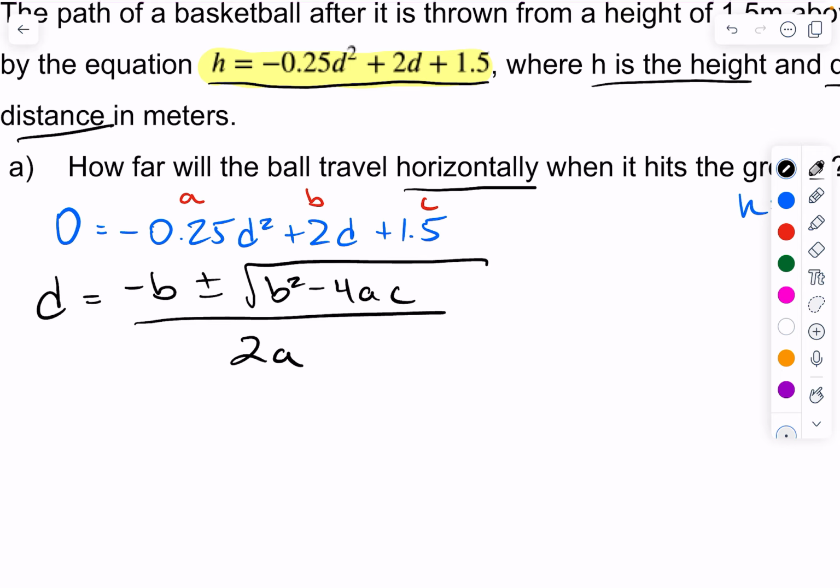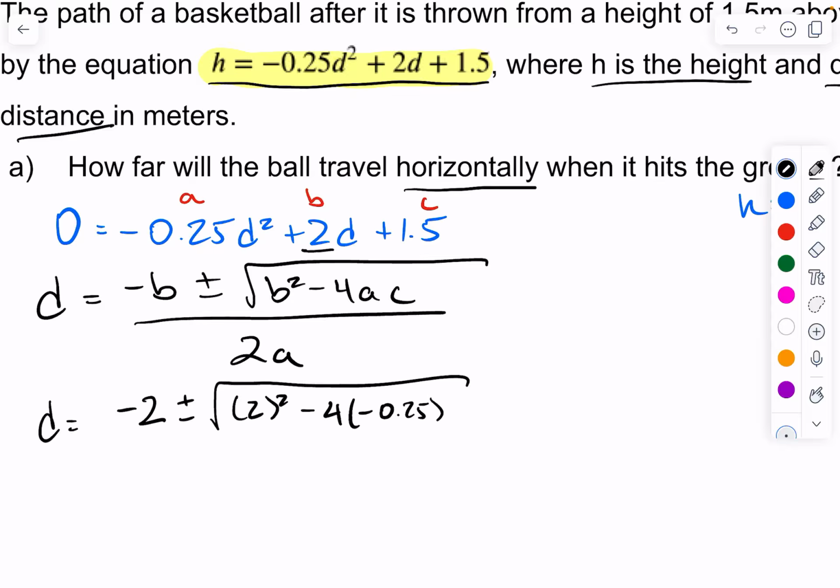Okay, so now I just go ahead and I sub everything in. So d is actually equal to negative b. Well, b is 2, so negative 2 plus or minus the square root of b squared minus 4 times a times c. And it's all divided by 2a.